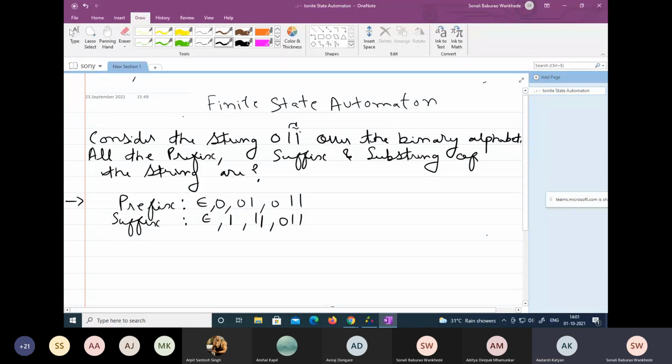It is 011, because the string is 011. You might have a question here: why can't we write it as 110? That becomes totally opposite. We have to show the complete string which is given to us. That's why it is 011. Now again, if I want to write substrings, what will be my substrings over here?